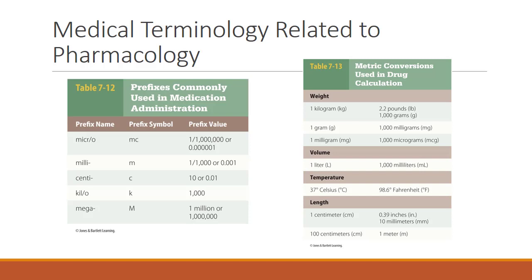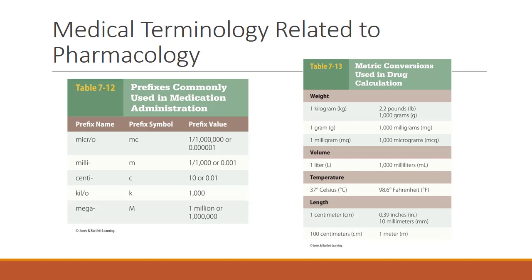The first table, which is indicated here, is table 7-12, which indicates prefixes commonly used in medication administration. So you see the prefix name, prefix symbol, and then the prefix value. The value at this point isn't that important. We will learn those as we get into pharmacology, and we won't learn all of these, but we'll learn a lot of them.